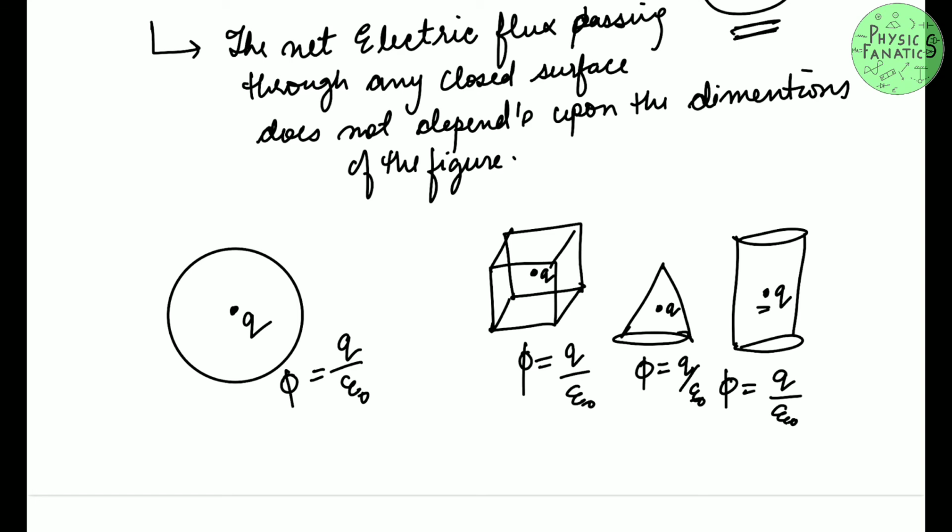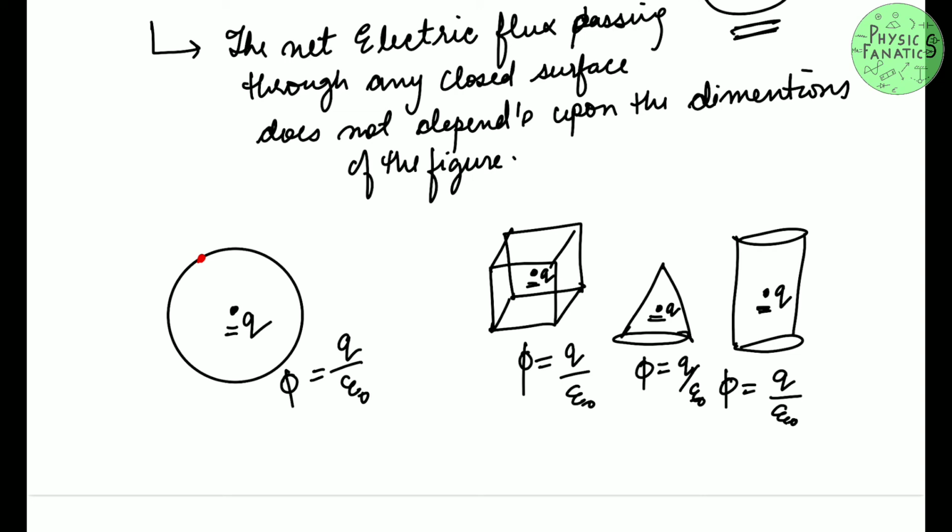So basically here we talked about symmetry. I said very carefully that your charge should be kept at the center, so here we are talking about symmetry. If your charge was not at the center, if the charge was on the surface, then again you can apply Gauss law, but it will not be so easy.